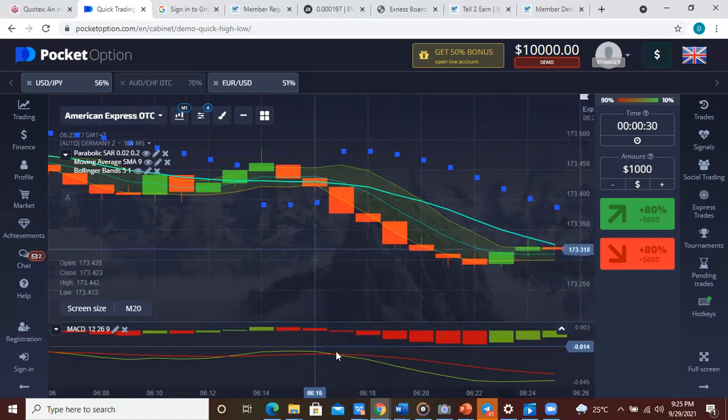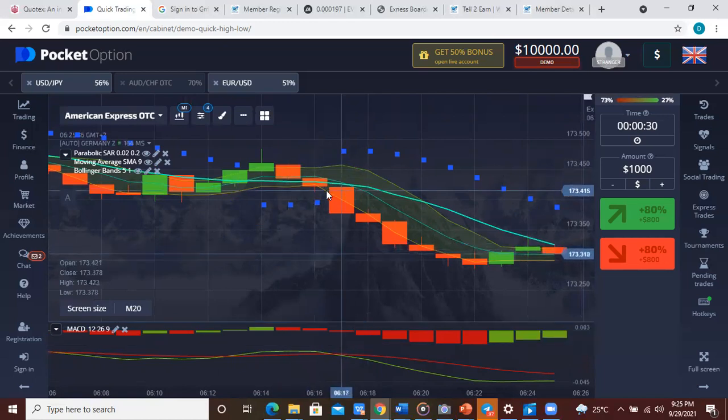Third, the upper line is crossing the lower line. Another confirmation is that we have the bar appearing below the moving average, the SMA 9. And then we went in for a sell, and you should be in profit.